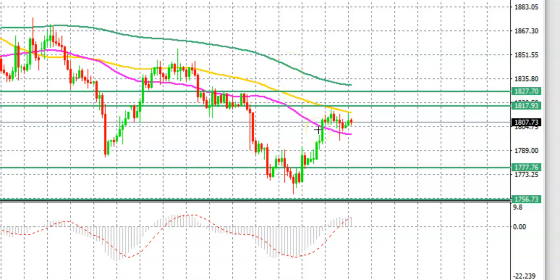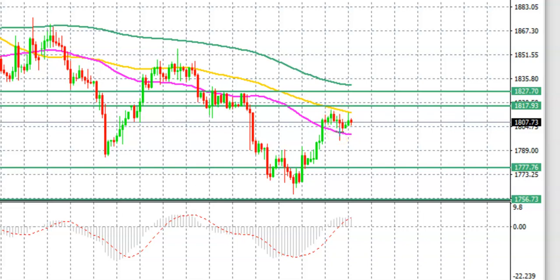The fact that the price crossed above the 50-day simple moving average was very positive, but at the same time the price was stopped by, number one, the resistance zone of 1817 to 1827, and secondly the 100-day simple moving average. As you can see over here very clearly, the price failed to break above the 100-day simple moving average. That was a clear indication that we are moving to the downside from here, and that is exactly what we experienced.